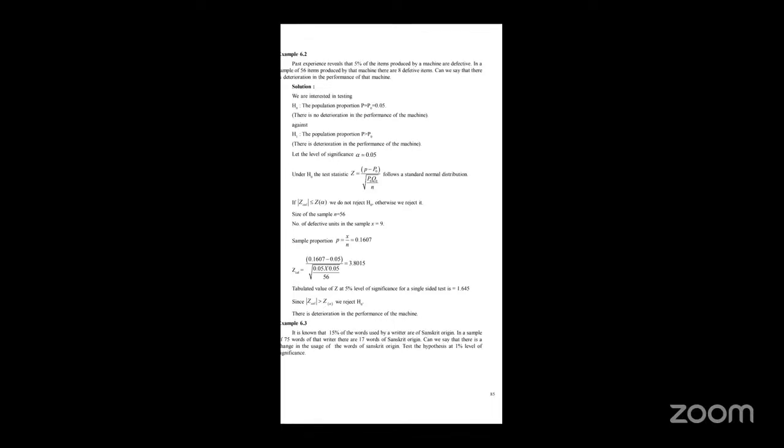Here it is known that 15% of the words used by a writer are of Sanskrit origin. In a sample of 75 words written, there are 17 words of Sanskrit origin. Can we say that there is a change in the usage of words of Sanskrit origin?